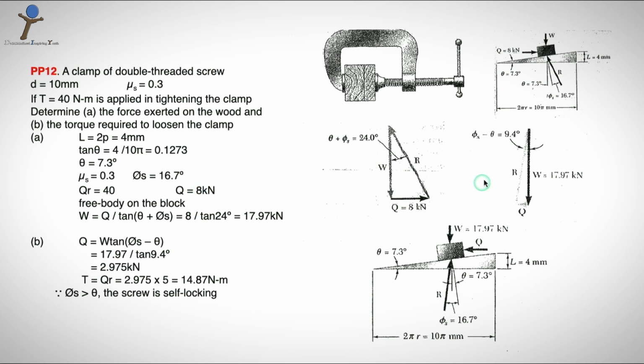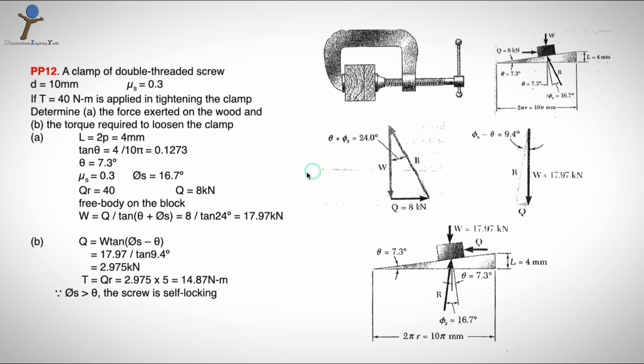Now, coming to this triangle vector diagram, it is drawn based on W, Q, because you are moving it upwards, and R. Q as 8 kilonewton is the only known value. What you need to determine is W, the force that is exerted on the wood.